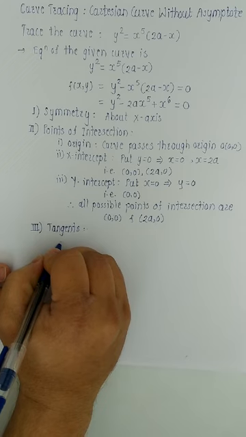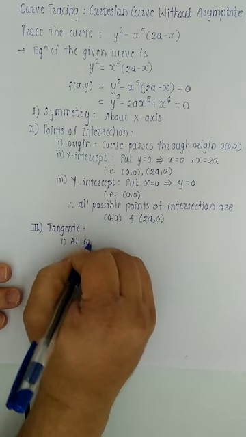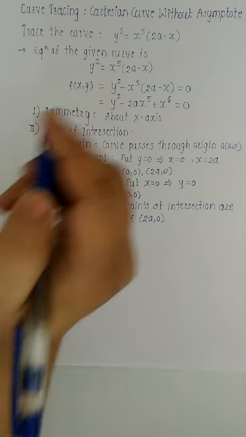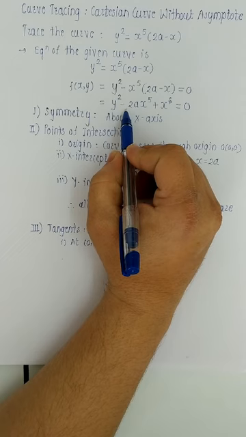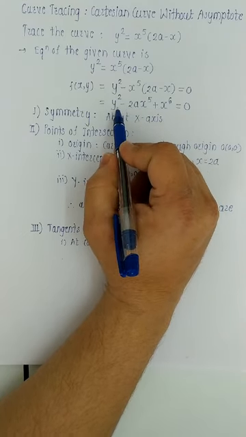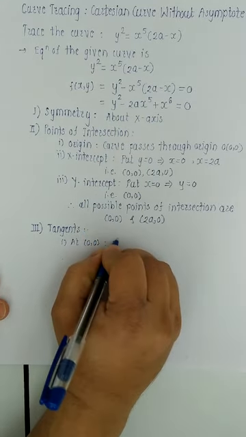First, at the origin, 0, 0, to obtain the tangent at this point we use Newton's method, which says to equate the lowest degree terms in the equation to 0. In this implicit form there is only one lowest degree term, which is y squared.